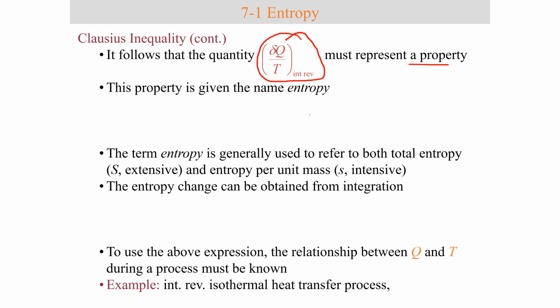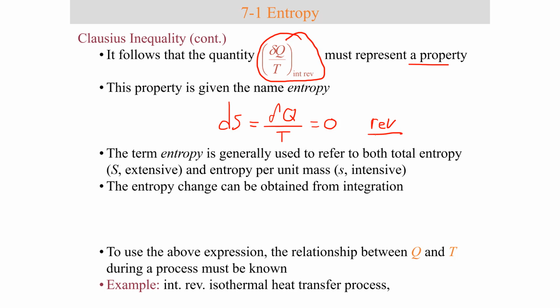So this property is what we designate as entropy. And the change in entropy, dS, ends up equaling 0 for a reversible cycle.